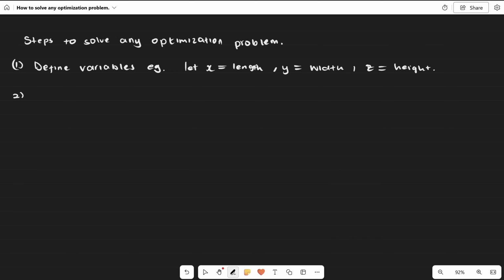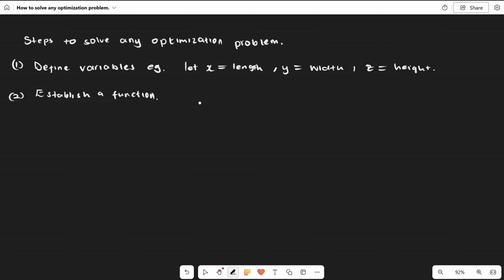So then number 2 would be to establish a function, right? What do I mean by establish a function? You know that you are trying to solve a problem, right? For example, let's say you are dealing with area and perimeter.